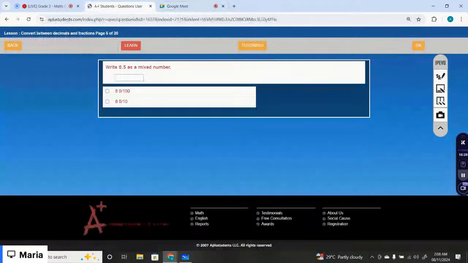Write 8.5 as a mixed number. So how do you write 8.5 in mixed fraction form? Option 1 or option 2?